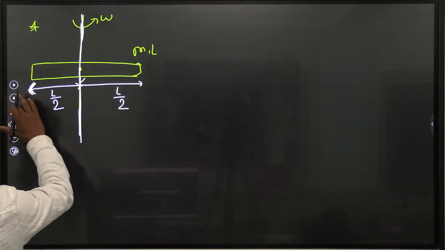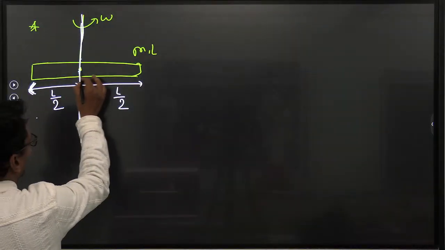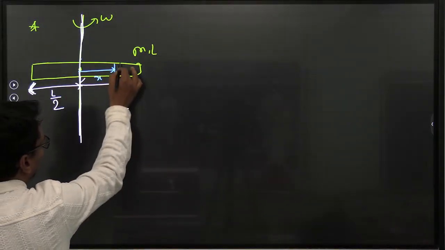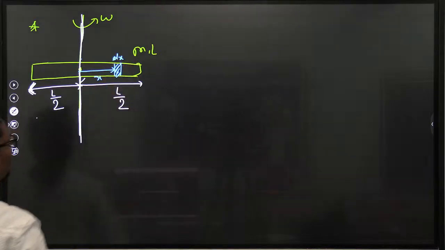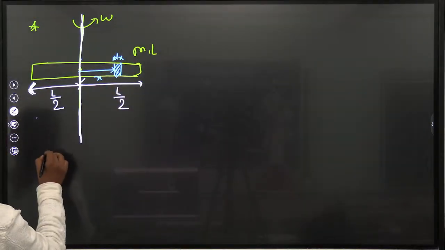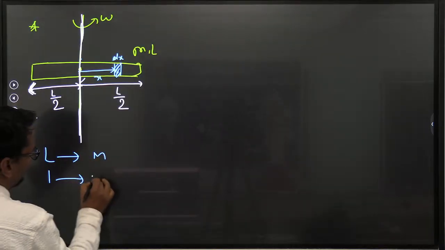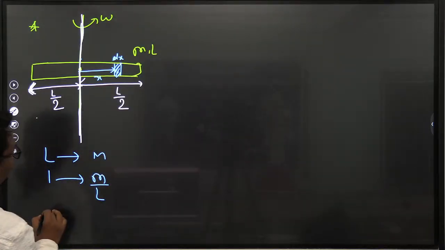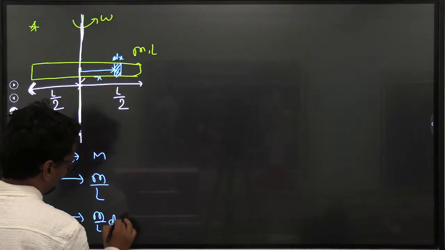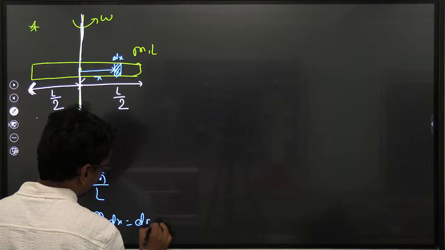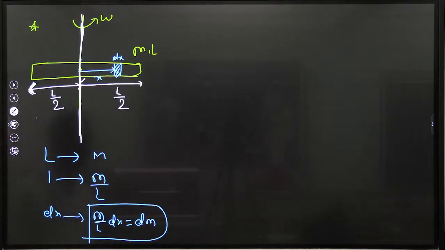We take an elementary cut at distance x, of length dx, and find the mass of dx. In L length mass is m, in unit length mass is m upon L, in dx length mass is m by L dx, equal to dm. I think this is clear to all of you.